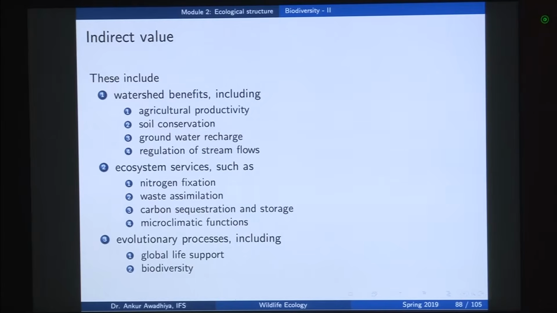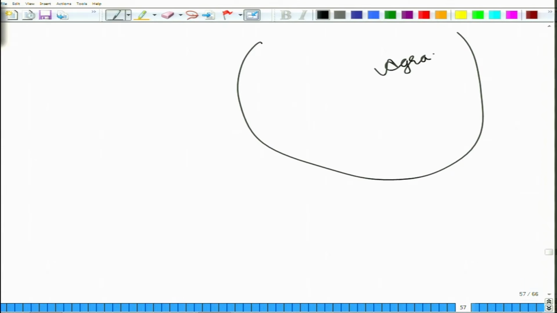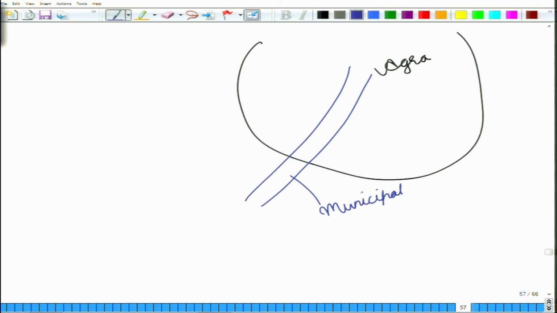So, for instance, we went to an area that is near Agra, it is called the Kakreta plant, and if you have the city of Agra, and you have these drains that are carrying out the municipal waste. Now, here you have a river.